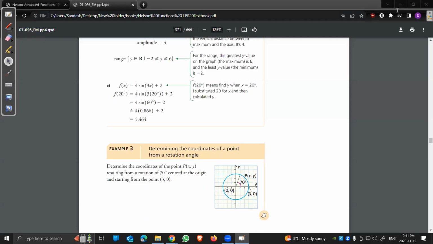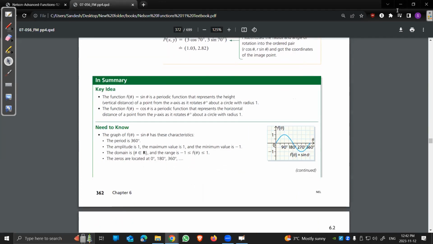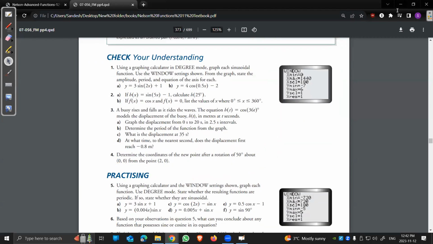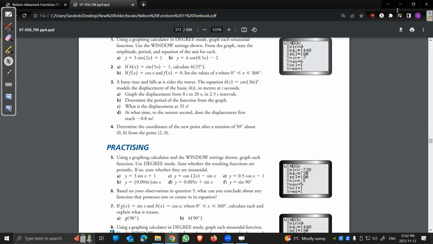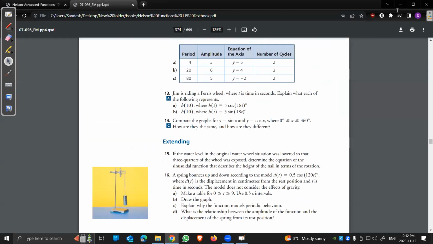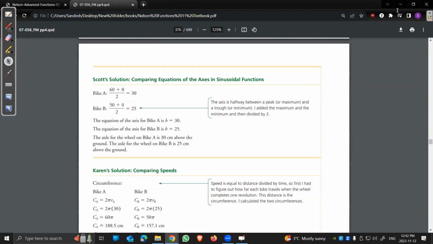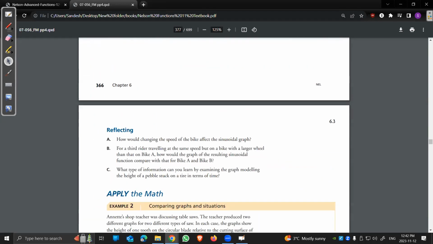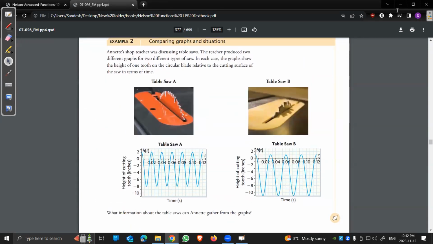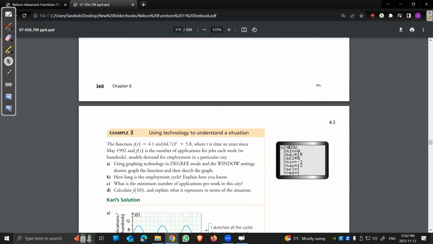And you can do inverse to find the angle if you have two side lengths. Okay, most of these are just like period questions.